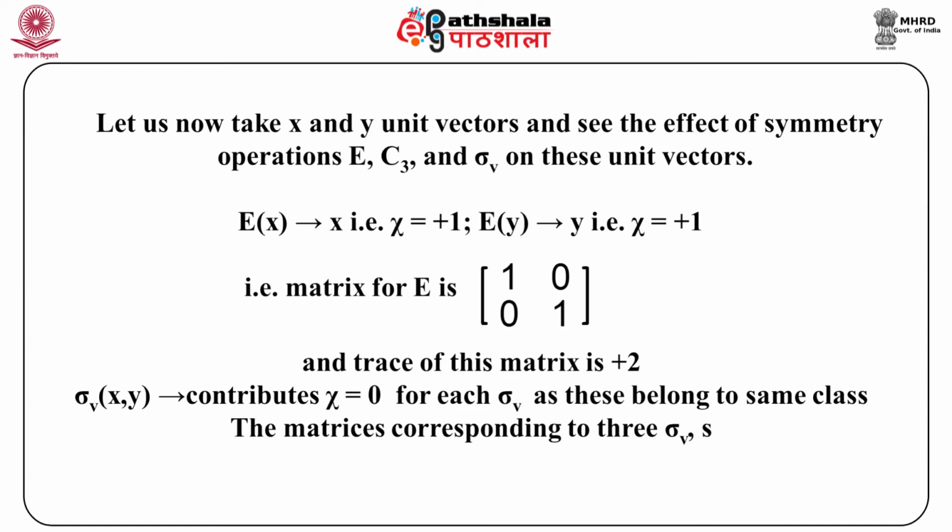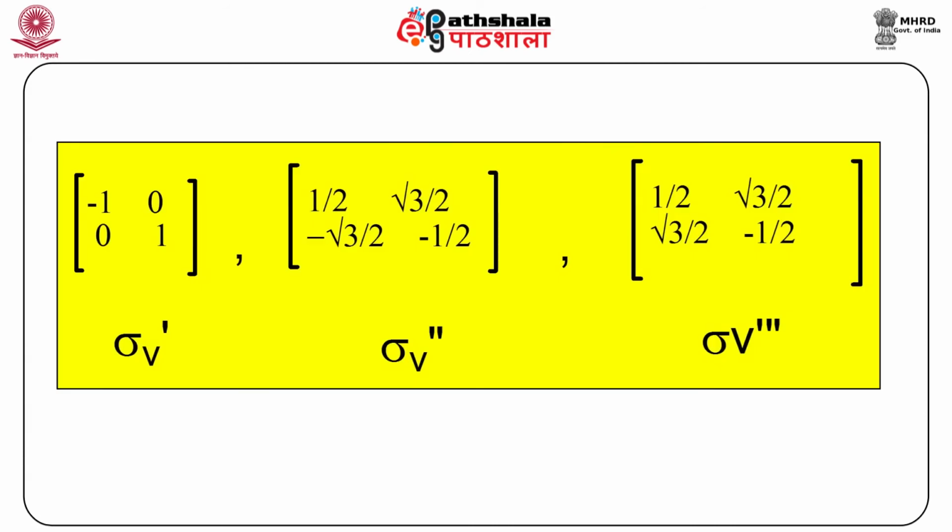For each sigma V, as these belong to the same class, the matrices corresponding to these sigma V's are given as -1, 0, 0, 1, 1/2, root 3/2, minus root 3/2, minus 1/2, 1/2, root 3/2, root 3/2, minus 1/2, for sigma V double dash and sigma V dash.